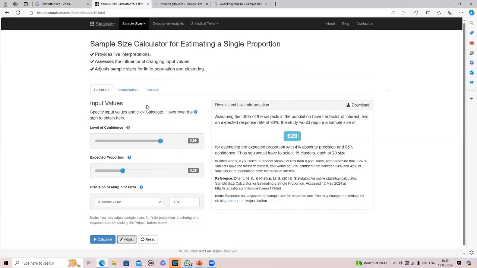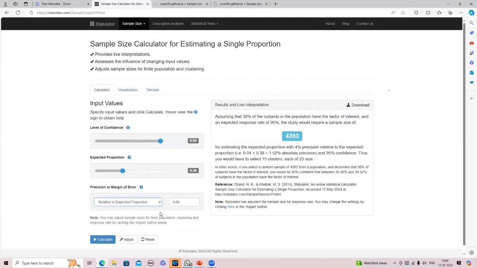Now I will explain one more thing to you. We have put absolute precision as 4%. If you go for relative precision, then you have to put the relative precision in the form of percentage. If it is 4%, you can see here that the absolute precision is 0.04 multiplied by 0.38.